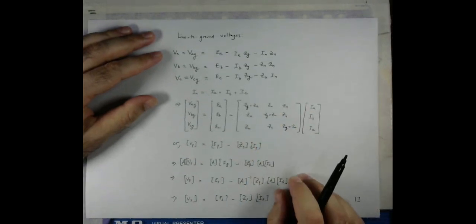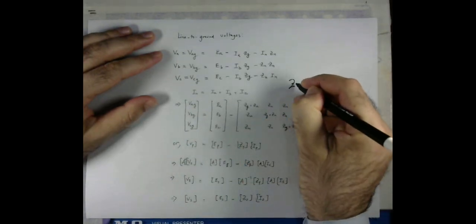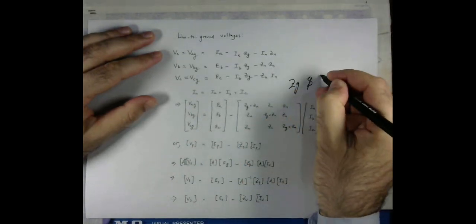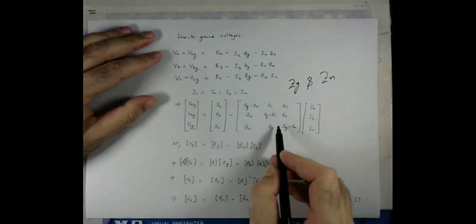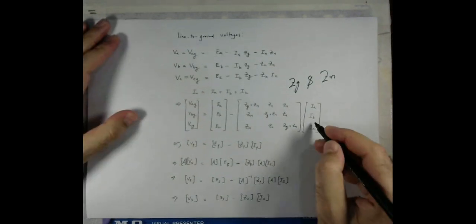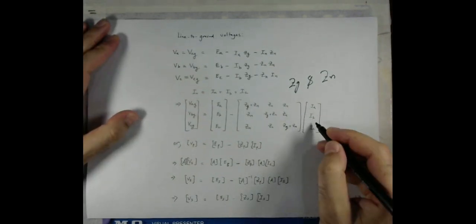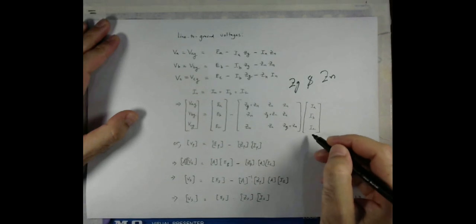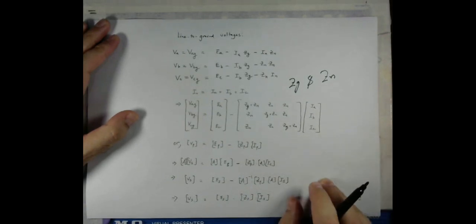So this is EA, EB, EC minus this particular matrix involving the terms ZG and ZN. This is what we call the impedance matrix, and the matrix on the right side represents the phase currents.